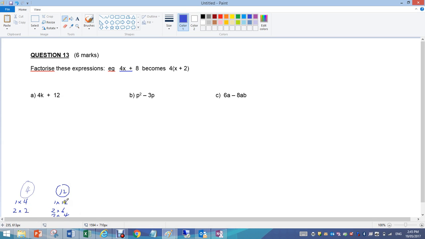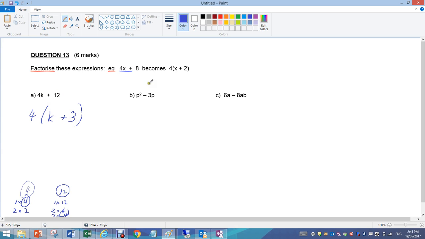Okay, so what's the highest number common to both 4 and 12? 4. So then we whack that out the front, open our brackets. How do we fill them in? 4 times something gives 4k, so that's k. Check it, 4 times k, 4k. 4 times something gives you plus 12, so that'll be 3, and it's plus, so 4 times 3 is 12.